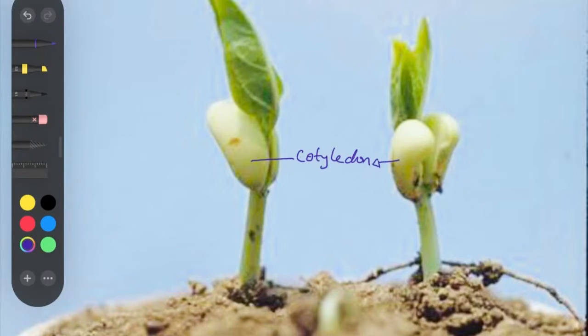While the part of the seedling below the cotyledon is called hypocotyl. Hypo means below. Hypo, anything below normal. Hypotension, low blood pressure. So hypertension, high. So this should be hypocotyl, meaning below cotyledon. Then the part that is above this cotyledon, like here we are seeing the primary leaf, should now be seen as the epicotyl.